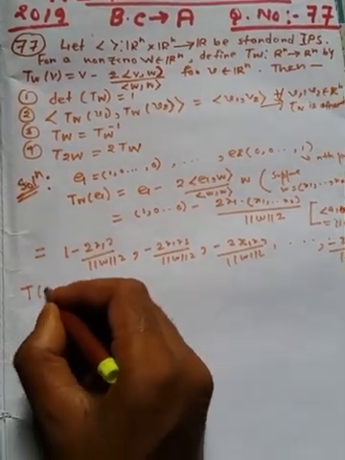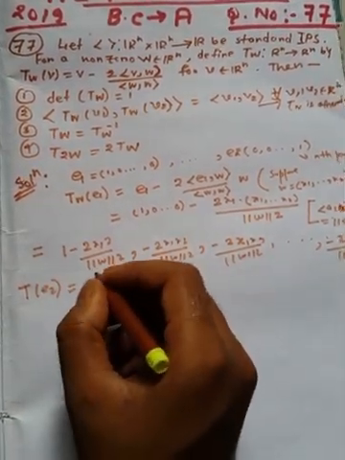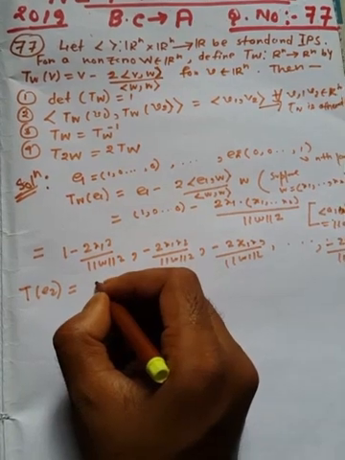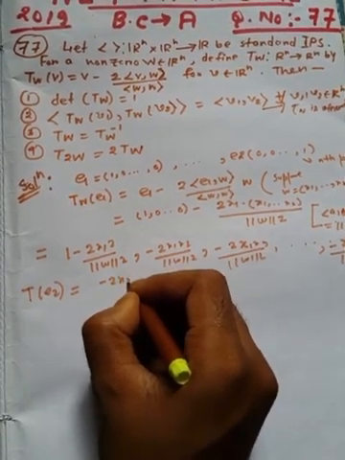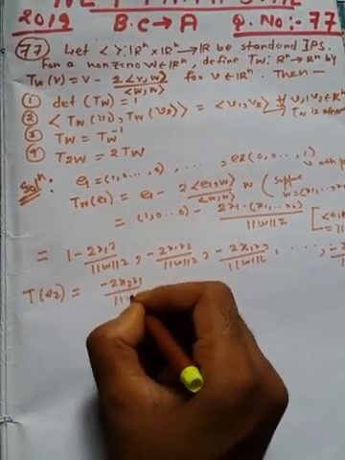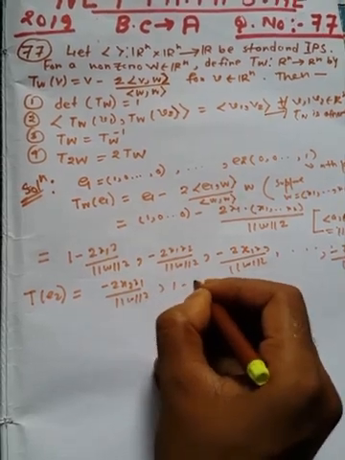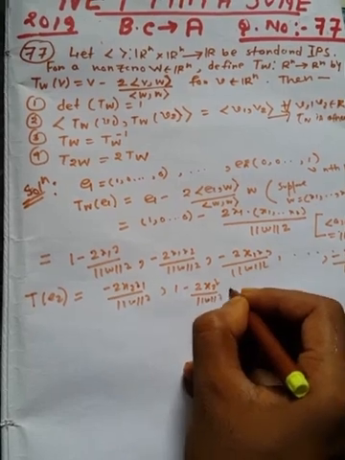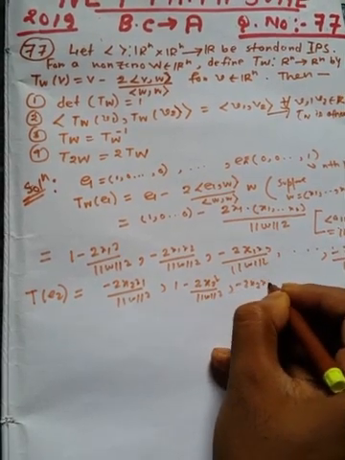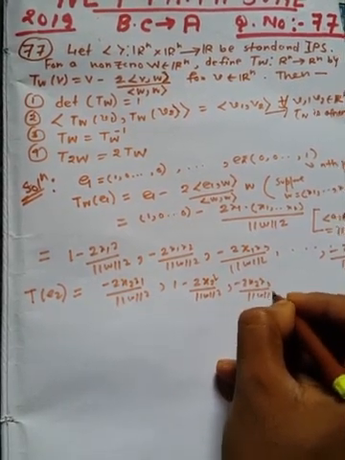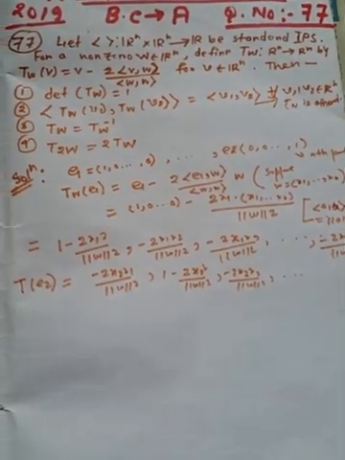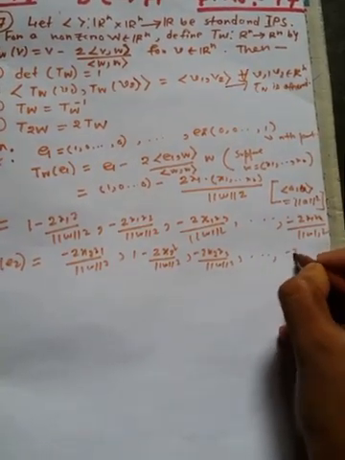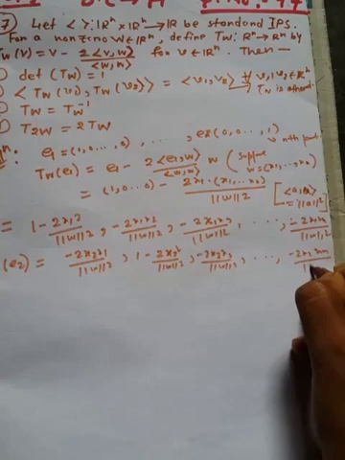Now next, TW E2. This is minus 2 x2 x1 by norm W square, 1 minus 2 x2 square by norm W square, minus 2 x2 x3 by norm W square, and the last term minus 2 x2 xn by norm W square.